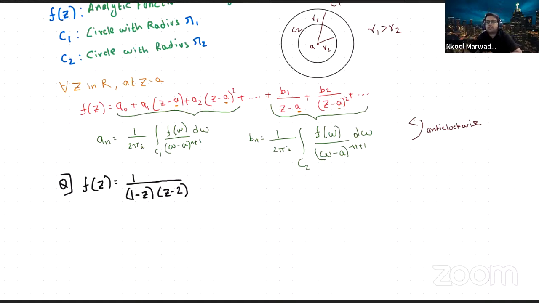This is the complex function given to us. The region is given. The region is this.